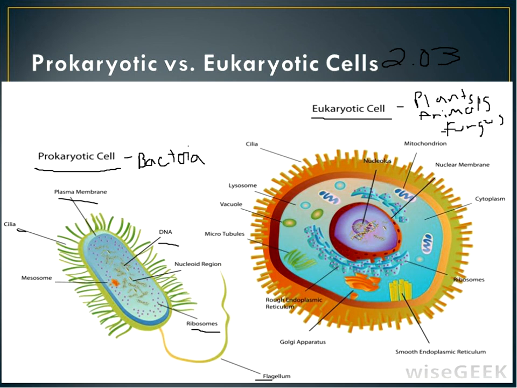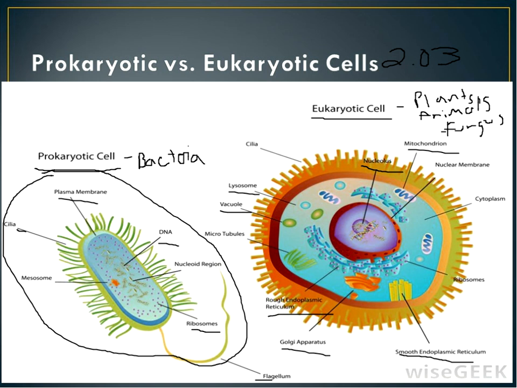It has many more things inside of it, like a smooth ER, a Golgi, rough ER. It has a mitochondria, vacuoles, lysosomes, a nucleus with the nucleolus in the middle. So as you can see, it's much bigger. There's more stuff to it. That's fungus, plant, and animal cells. Whereas the prokaryotic cell, they think this was the first type of cell on Earth also, and that's more or less just bacteria for single cell.